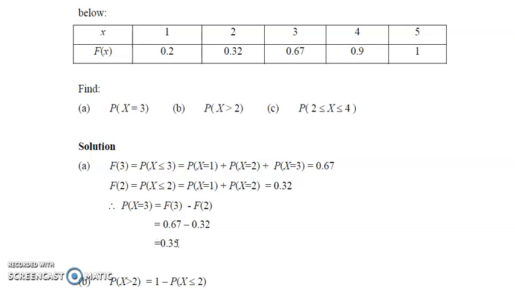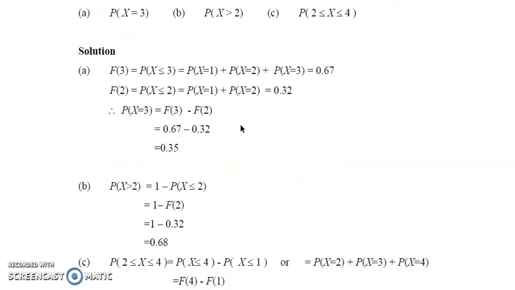I hope you are clear about this one. Next, question B. The question only asks for the probability of x greater than 2. So it is greater than 2, which means we want x is equal to 3, x is equal to 4, x is equal to 5. Okay, 2 is not included. The problem is that we are given CDF, not PDF. So what can you do over here?